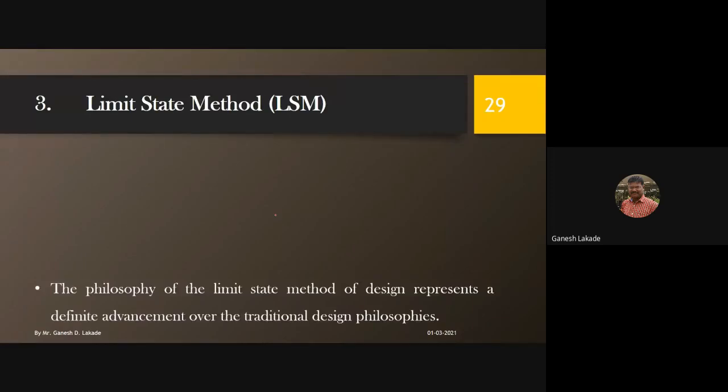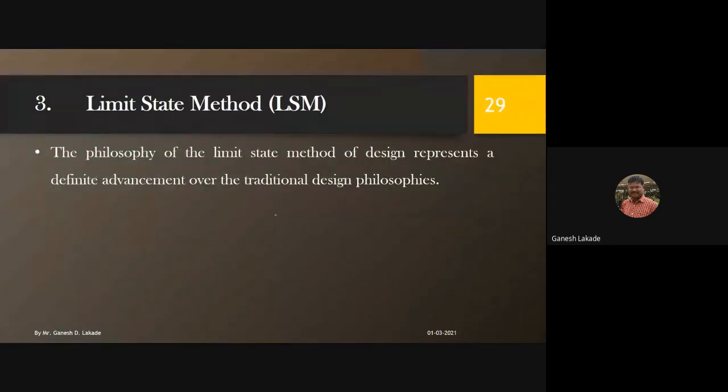As I told you, the philosophy of the limit state method of design represents an infinite advancement over the traditional design philosophy, meaning the working stress method and the ultimate load method. There is some advancement, some modification, or some more refinement of the ultimate load method that gives us the limit state method.